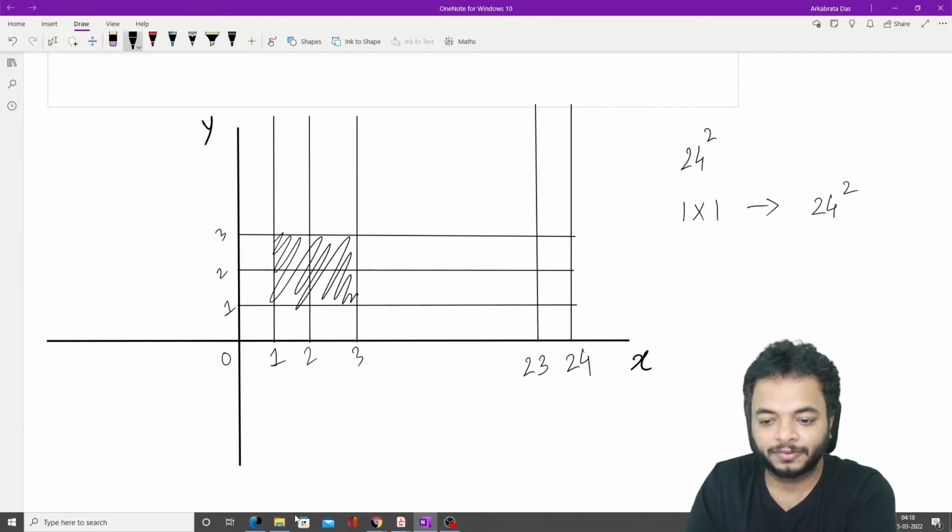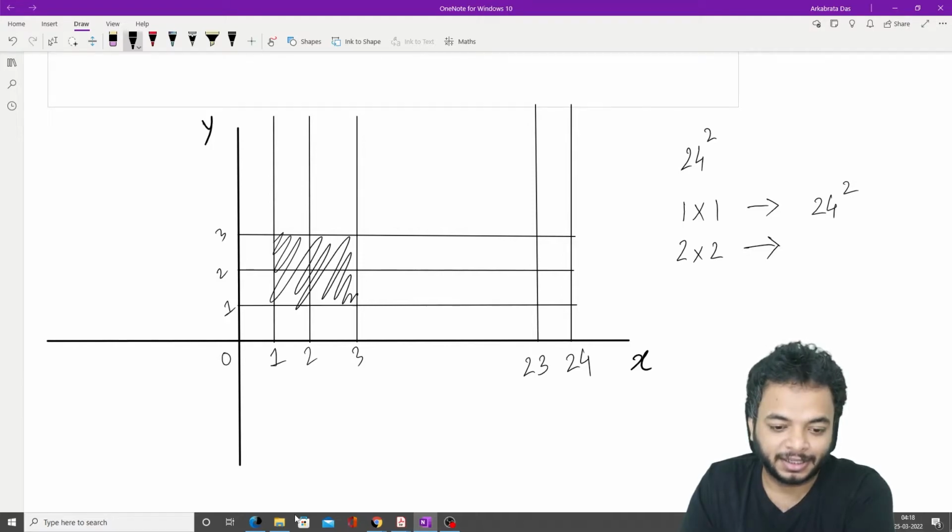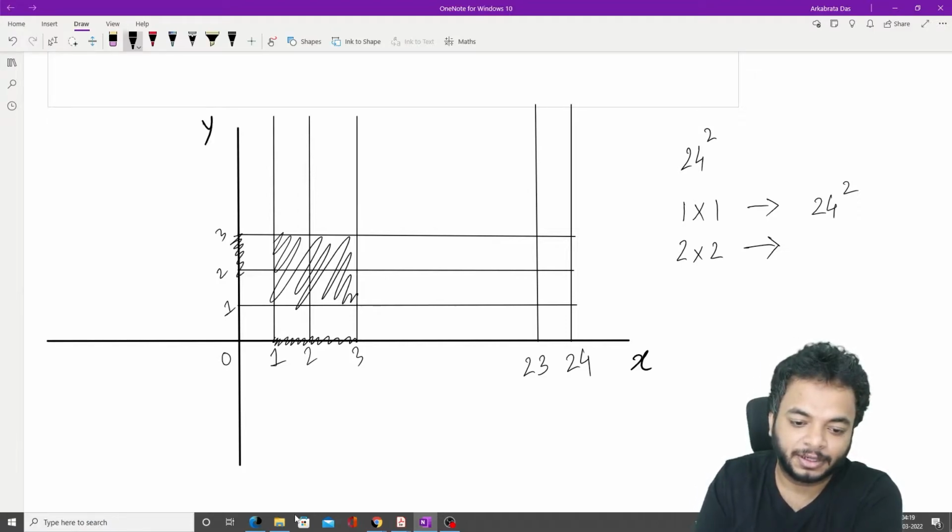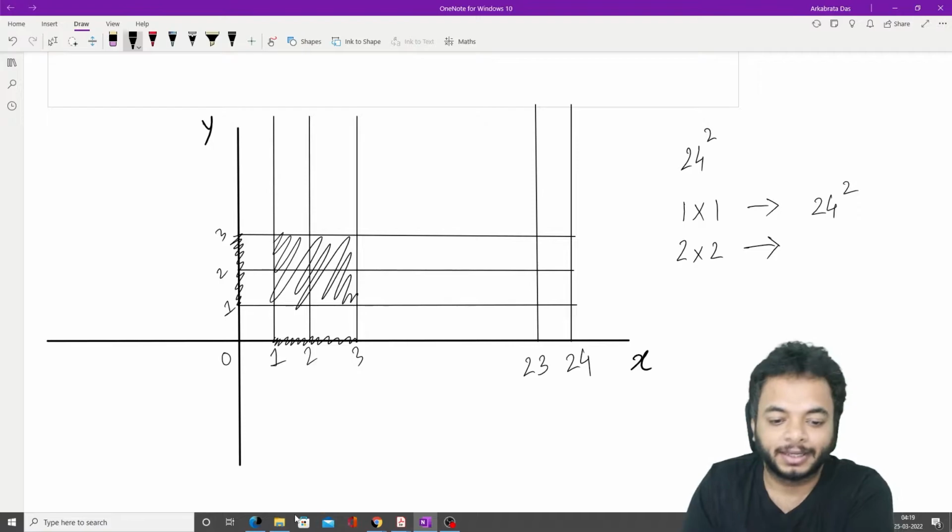So 24 squared. Now for 2 cross 2, how many will be there? So you have to understand that when you are getting a square of 2 cross 2 dimension, then it corresponds to a side of length 2 on the x-axis and a side of length 2 on the y-axis.